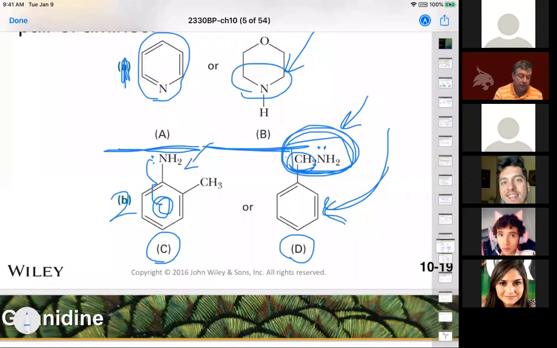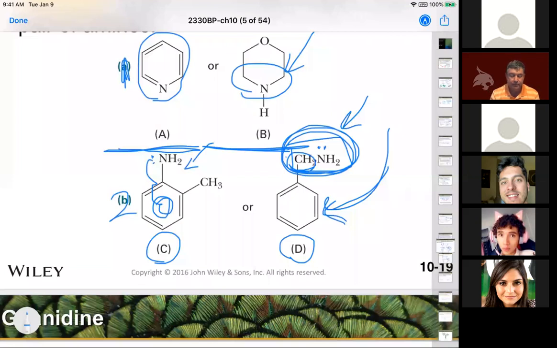Okay, so don't let the ring fool you. You have to look at exactly where it's attached. This is attached to an aliphatic group. That makes it a more basic amine. Okay, great. At least some of you are awake.